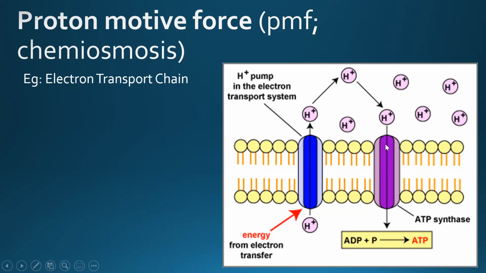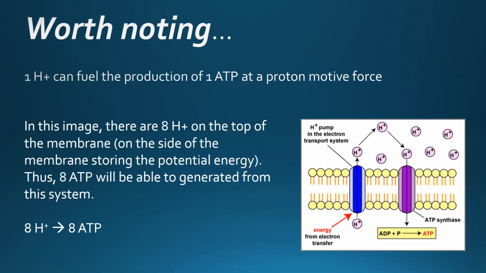So you have a protein, which is a transmembrane or integral protein right here, known as ATP synthase. So the one hydrogen that crosses over is going to power taking the ADP and the phosphate, bringing them together to form ATP, adenosine triphosphate.